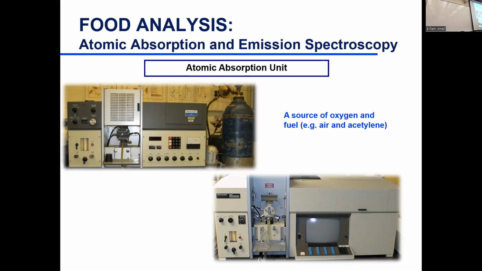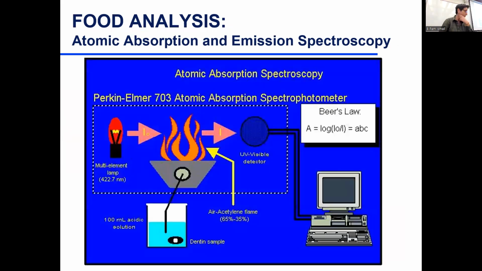Capillary tube goes into the nebulizer, into this compartment, where the flame is. That's when your sample is in a mist form in the flame. You adjust the air and acetylene. That's an older version. We have a newer version in the lab, but you all saw it already. So air is the source of oxygen, acetylene is the fuel to generate the flame.